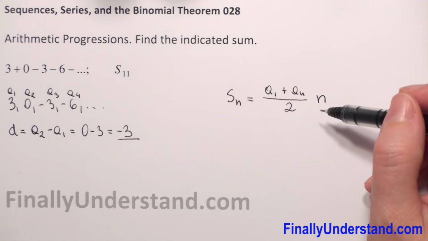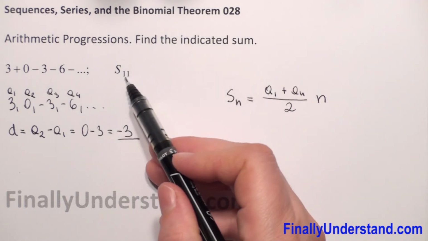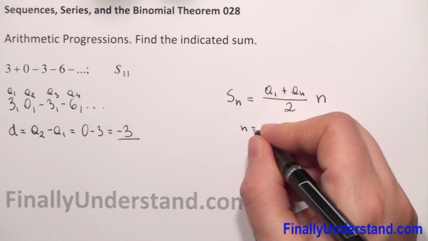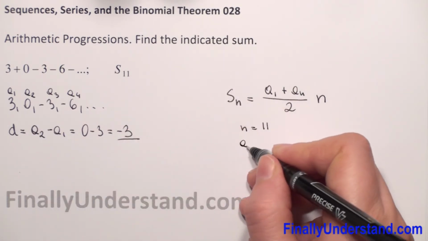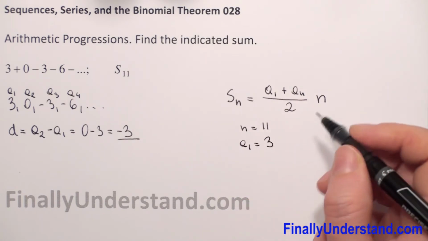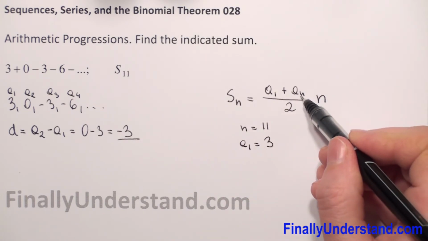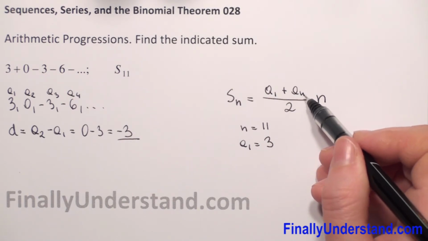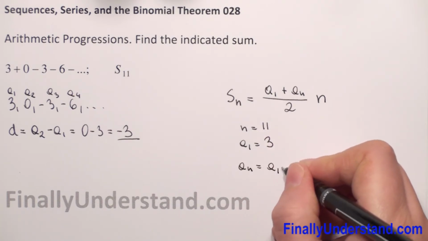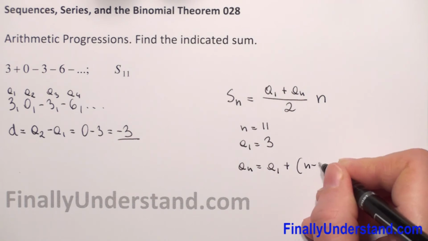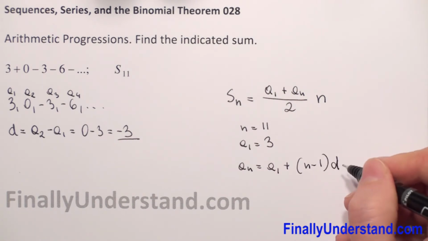In this example we are given that n is equal to 11. a1 is 3. We have to have an, and we know the formula for the nth term of an arithmetic progression. An is equal to a1 plus n minus 1 times the constant d.